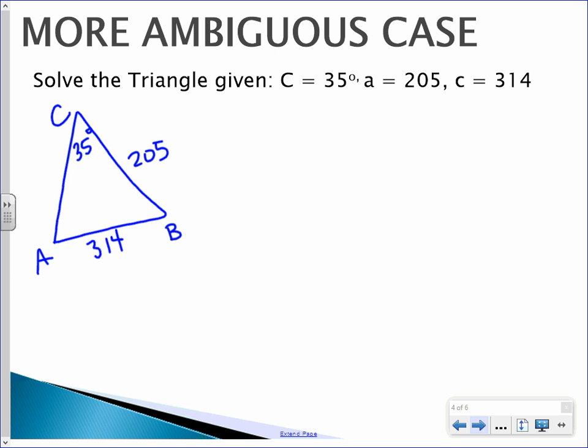Together as a pod, I want you to set up and find our first angle in the first triangle.